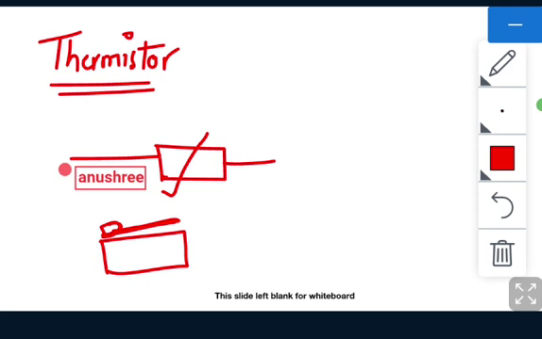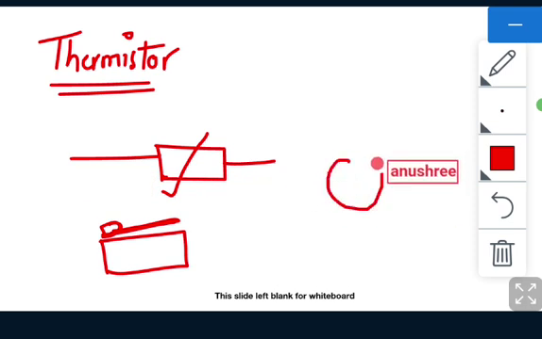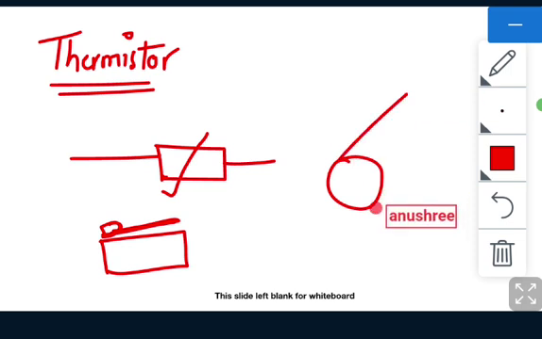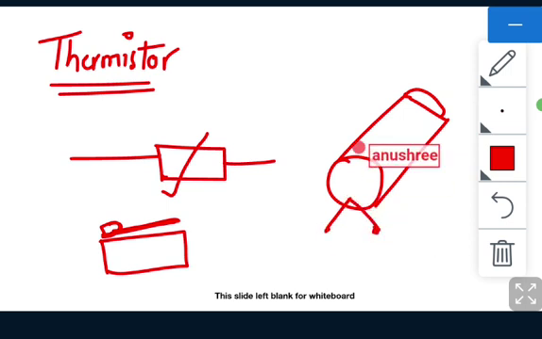So what does that look like? That's what you've drawn there. Yes, it's cylindrical in shape, actually it's like this. So that's what the variable resistor looks like. There is a metallic element over here, and if you keep on sliding this over the cylindrical part, this changes the resistance.